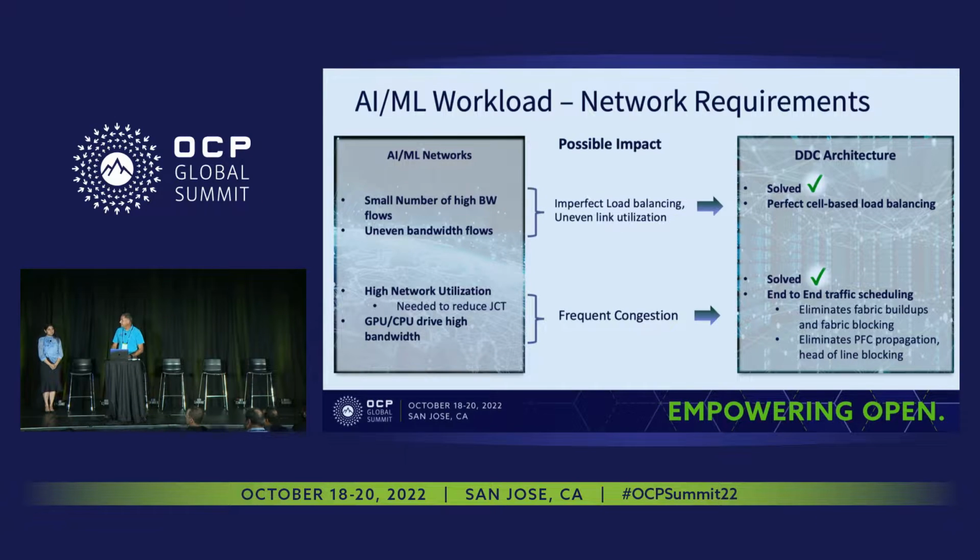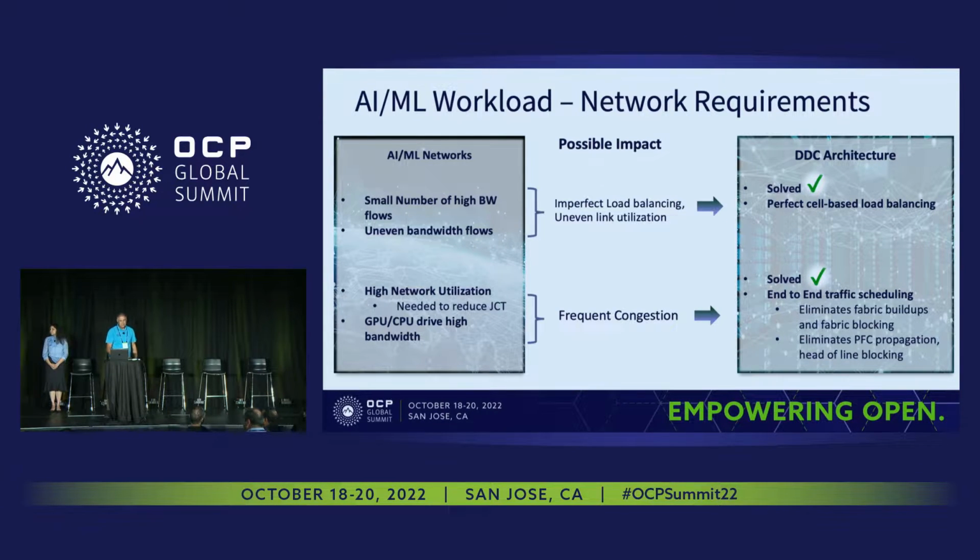So what is the result of these challenges? So the fact that there is a small number of flows and the flow is very high in bandwidth can result in load balancing issues, reducing the network utilization.